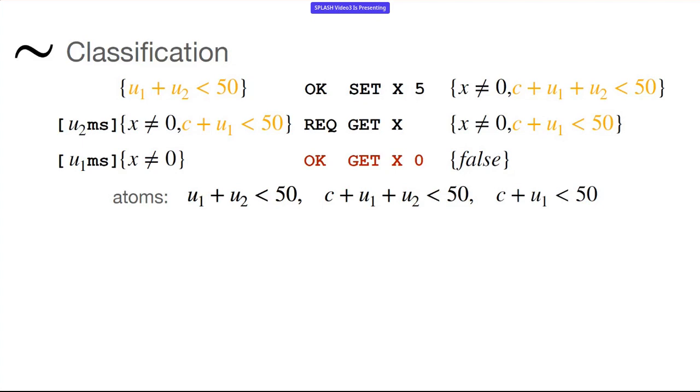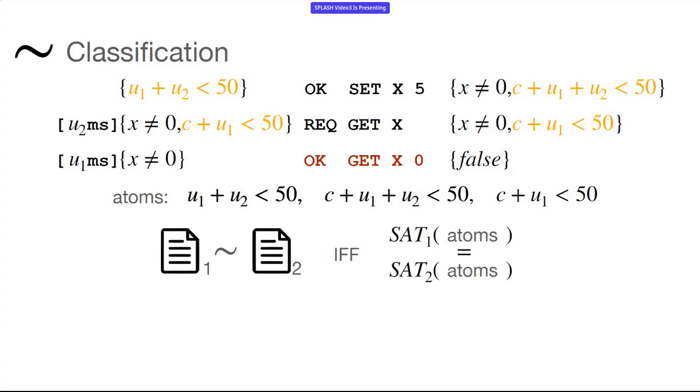And guards are the only way of our automaton knowing whether it can take a transition or not. This is what we base our equivalence relation on. We say two traces are equivalent if, and now we explain what this is, set 1 of atoms is the satisfied atoms when we insert the actual time values into the atomic formulas.